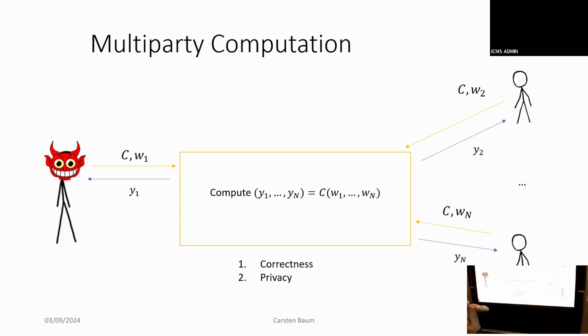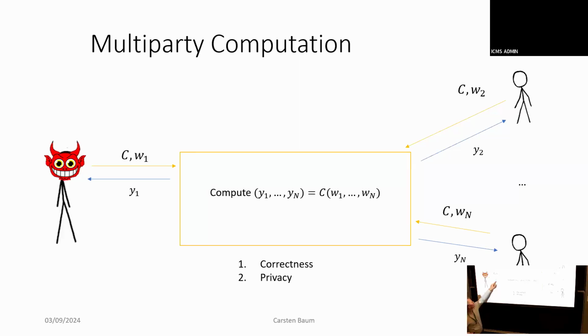And we also get privacy, right? Because everybody just learns whatever the functionality reveals to them and nothing else. If that circuit, of course, reveals everybody else's input to you, then multi-party computation doesn't guarantee anything, because the computation leaks this information. But otherwise, you only learn whatever you're supposed to learn from evaluating the circuit and what you have as your own input, but you're not learning anything else.